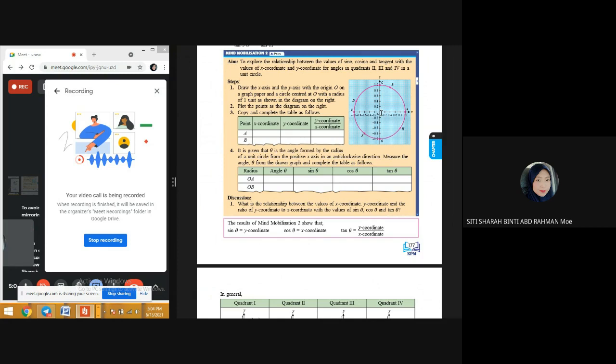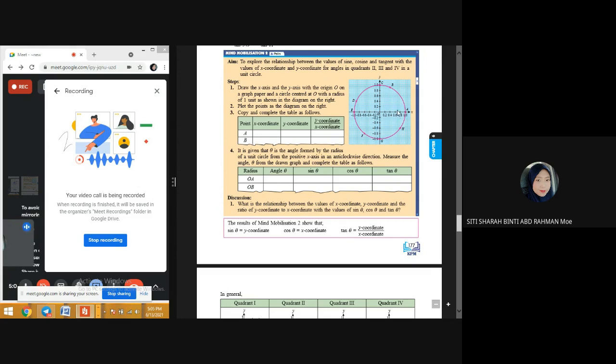Then cos is the same, we will use the adjacent over the hypotenuse. Adjacent x is positive, and the hypotenuse also positive, so it will be a positive value also for cos. How about tangent? Tangent will be opposite over adjacent.